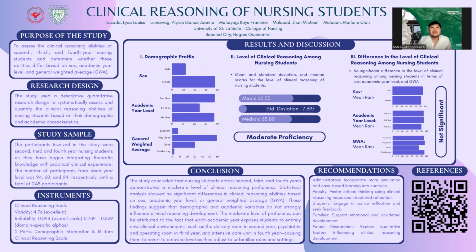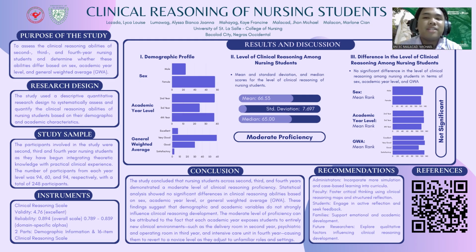The instrument had a validity score of 4.76, interpreted as excellent, and demonstrated strong reliability with an overall Cronbach's alpha of 0.894 and domain-specific alphas ranging from 0.789 to 0.839. Each item was rated on a 5-point Likert scale to quantify participants' level of clinical reasoning.